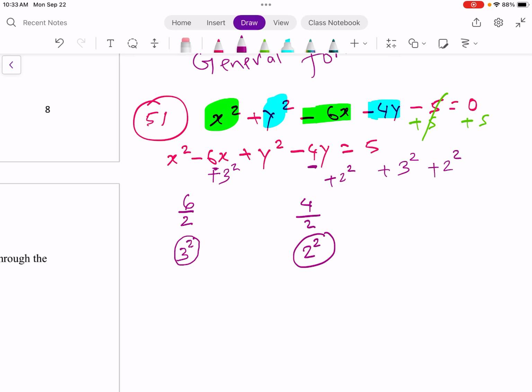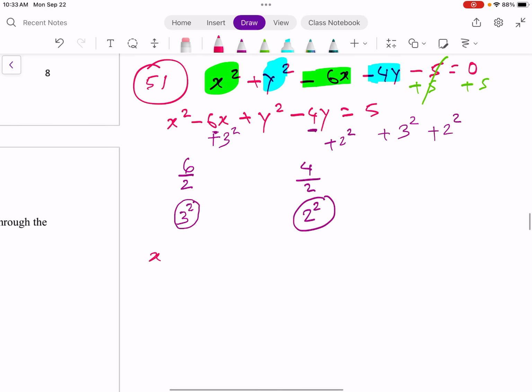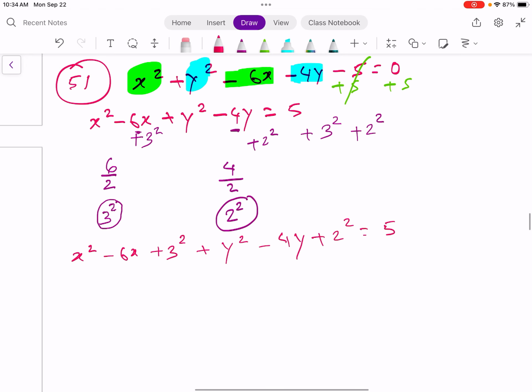Our equation looks like x square minus 6x plus 3 square plus y square minus 4y plus 2 square equals to, on the right side, 5 plus 3 square plus 2 square. Any question up to here? Make sure to repeat this step for the coefficient of x as well as y.